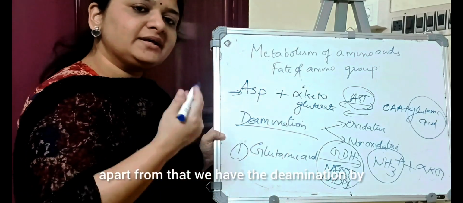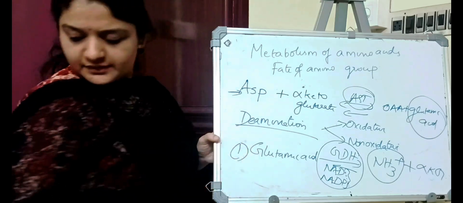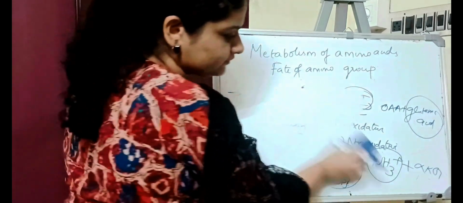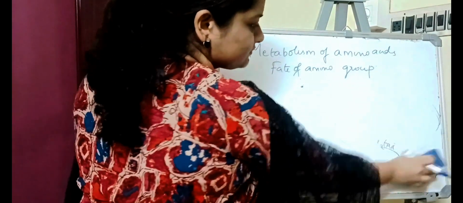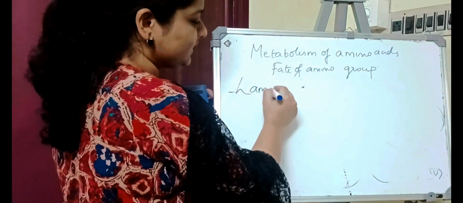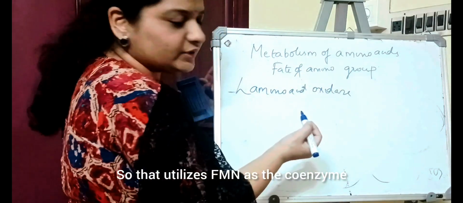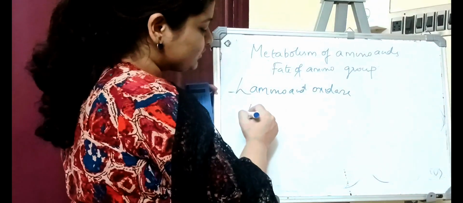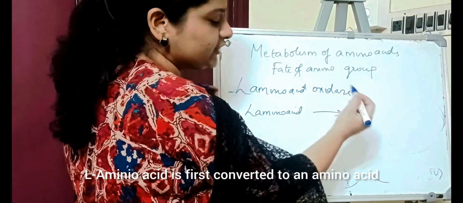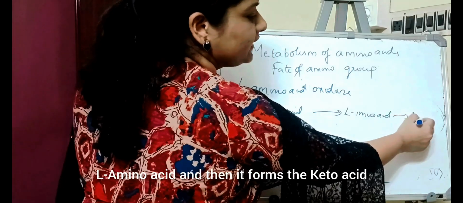Apart from that, we have deamination by L-amino acid oxidases and D-amino acid oxidases. L-amino acid oxidase utilizes FMN as a coenzyme. The L-amino acid is converted to an imino acid and then forms the keto acid.